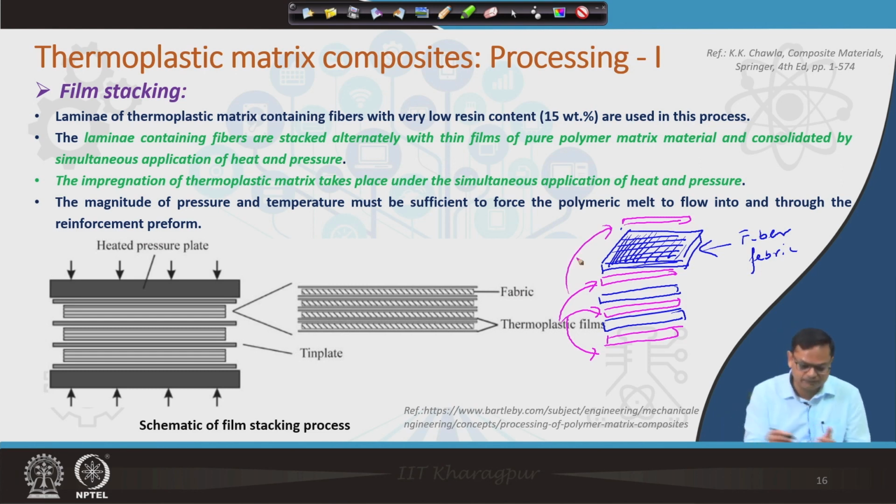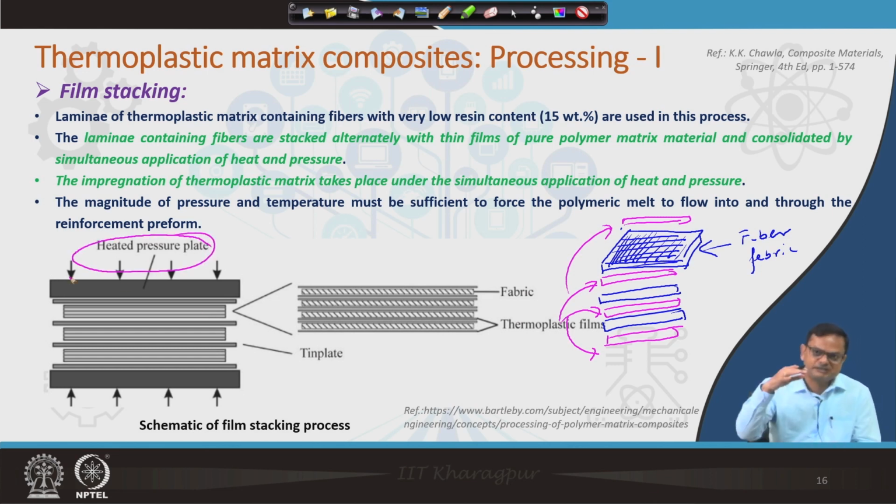And then the whole setup, so you can see here, and in between the tin plates. Now, what is the function of these tin plates? To keep them intact, keep them separate, okay. And then heat and pressure is being applied in the plate. So, you are applying pressure, at the same time you are applying heating here.